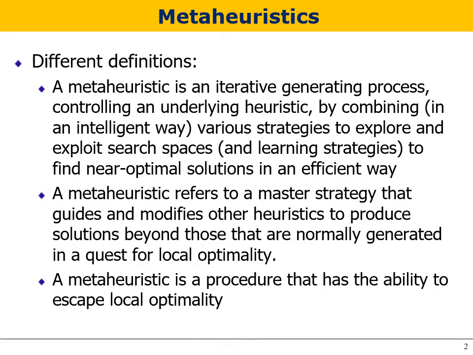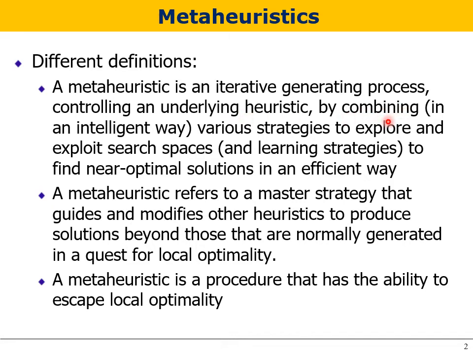There are different definitions for metaheuristics. For example, one definition says that a metaheuristic is an iterative generating process controlling an underlying heuristic. So there is an underlying heuristic, and this metaheuristic controls it. And how does it control it?